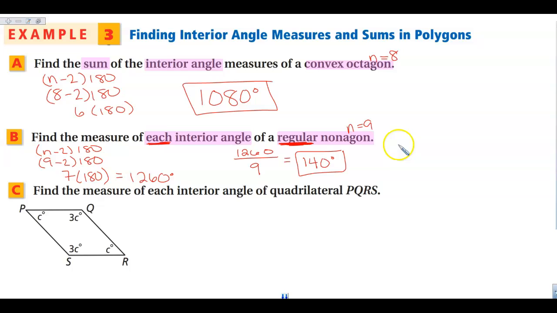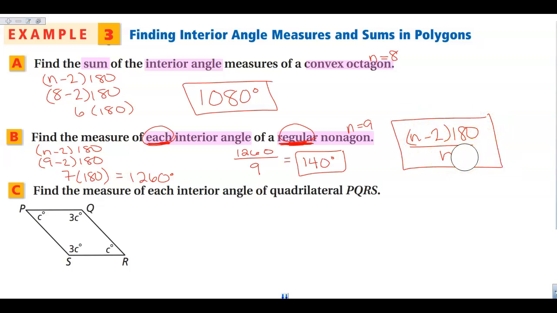So when I'm finding each interior angle and my figure is regular, I can do n minus 2 times 180 divided by n. Okay, so n minus 2 times 180 divided by n gives me each angle. But the key here is it does have to be regular.